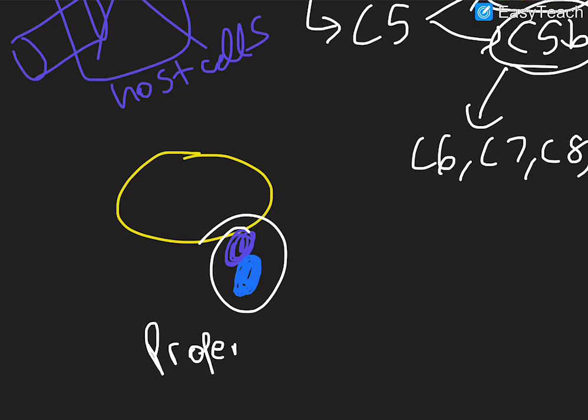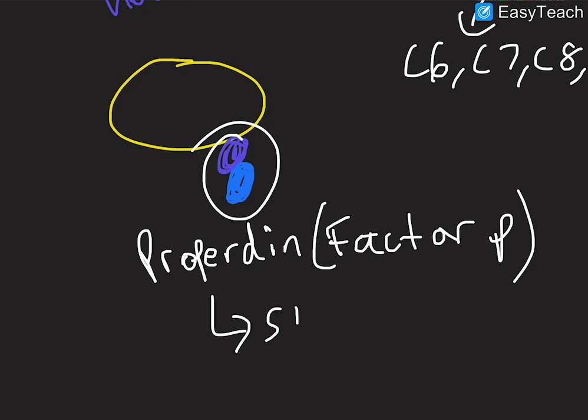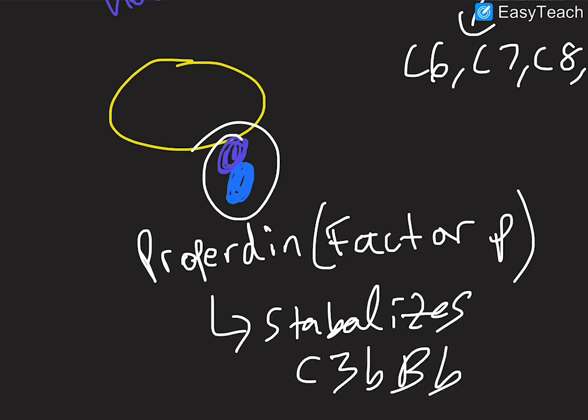Properidin is also called factor P. That stabilizes the C3 convertase, which is C3bBB. That's important because you want a stable C3 convertase so you can form a bunch more C3b, more C3 convertases, and C5 convertase, if C3b goes and binds again, forming C3bBB, C3b.